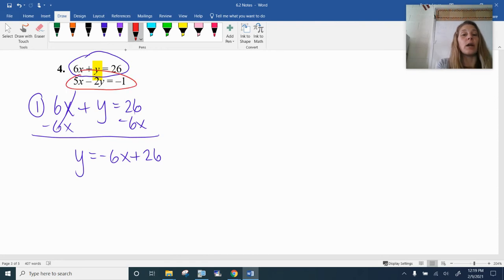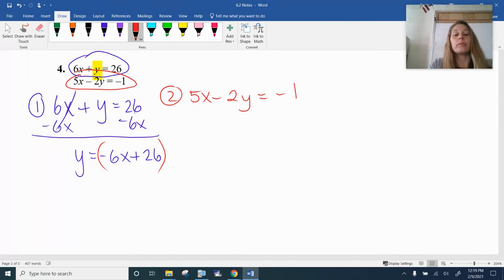So now I'm going to use the other equation for step 2. So I'm going to take my negative 6x plus 26, and I'm going to substitute that in for the y. So we got y by itself, so we know y is really equal to negative 6x plus 26.